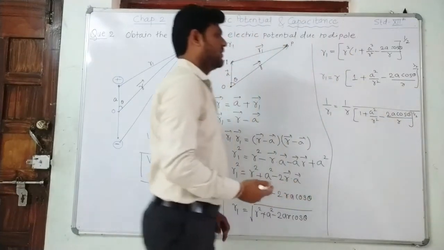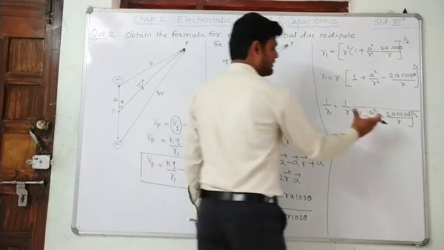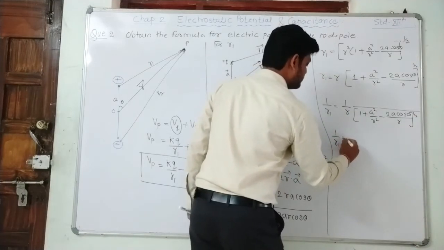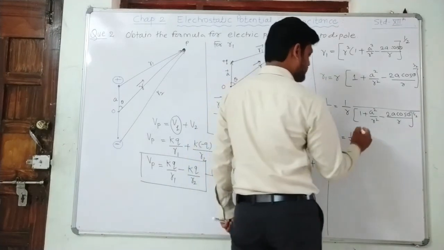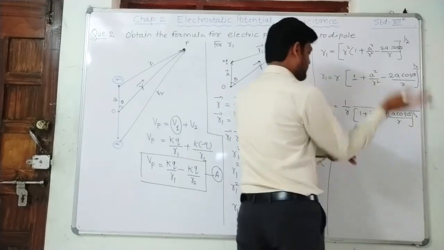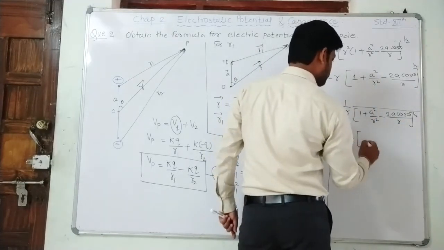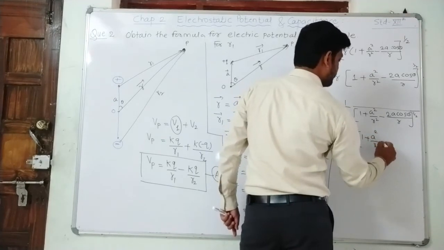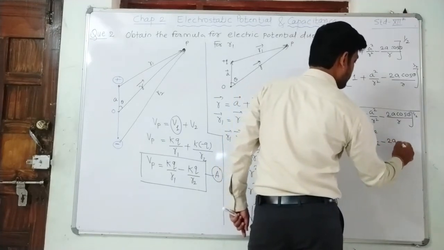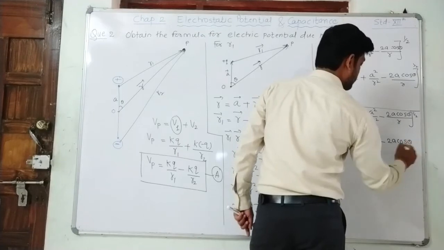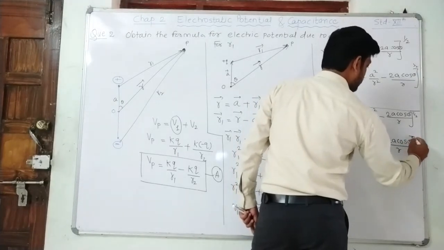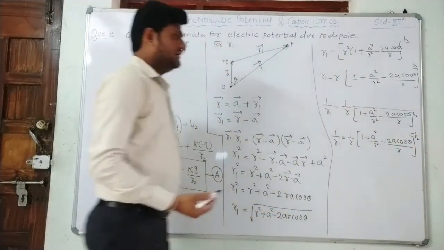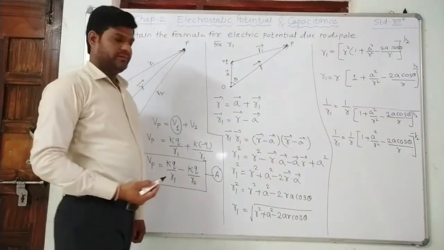Now taking this bracket on the upper side, we will write 1 plus a square by r square minus 2a cos theta by r raised to minus half. Right? Are you getting it?